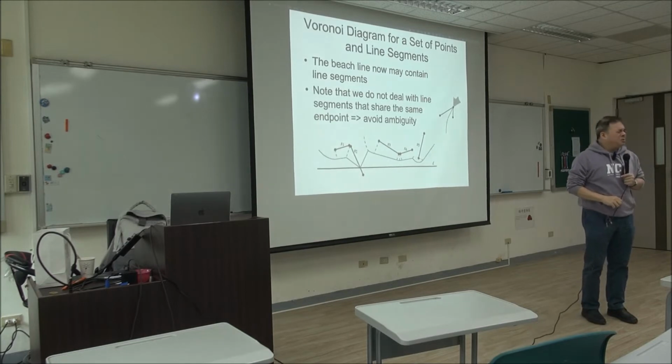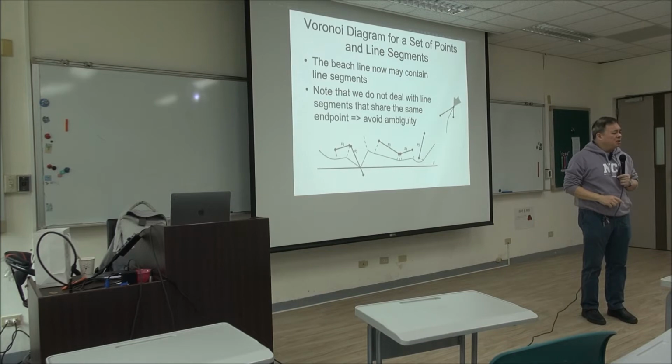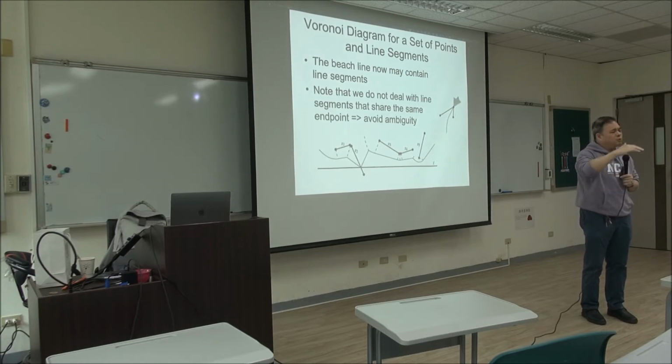So in a Voronoi diagram, when a point has more than one closest segment, that basically indicates that point is what? It belongs to the edge in the Voronoi diagram, right?